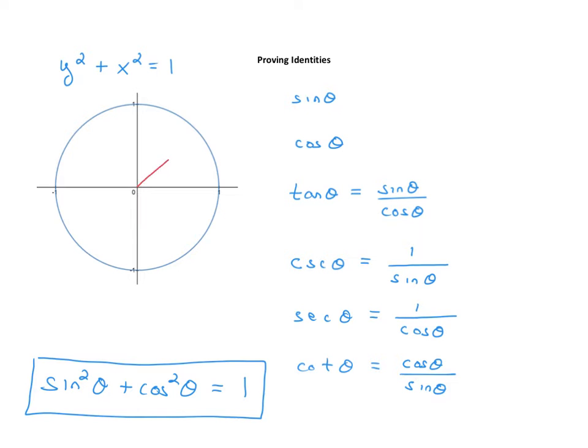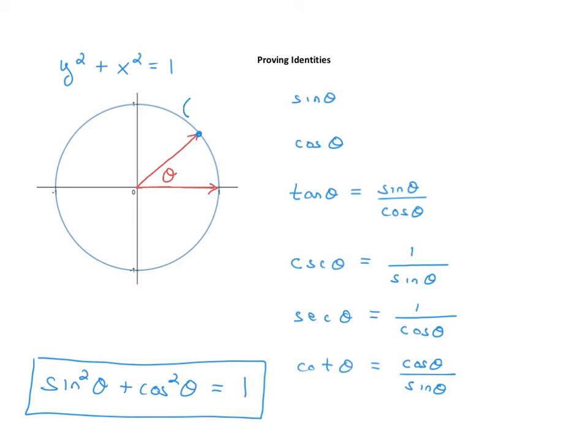If you draw an angle with the positive x-axis, and let's say I call this angle theta, you get a point on the unit circle. It has an x-coordinate and a y-coordinate, so you can write it as something comma something.